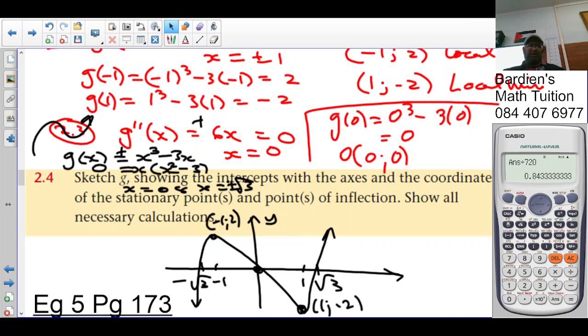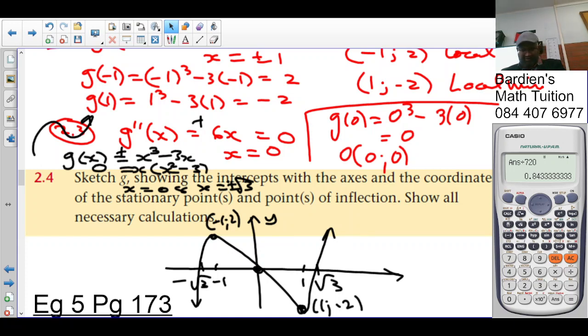Right. With regards to the homework, exercise 13 on page 174, were there any problems there? With 1 to 5, no problems with numbers 1 to 5. Numbers 3 and 4.